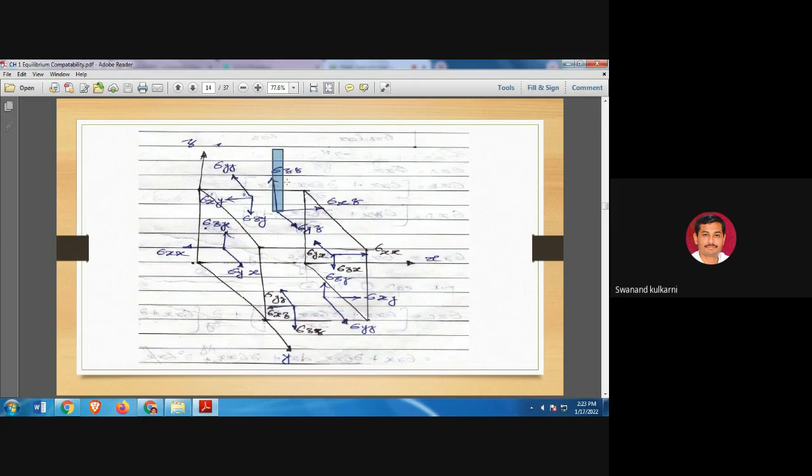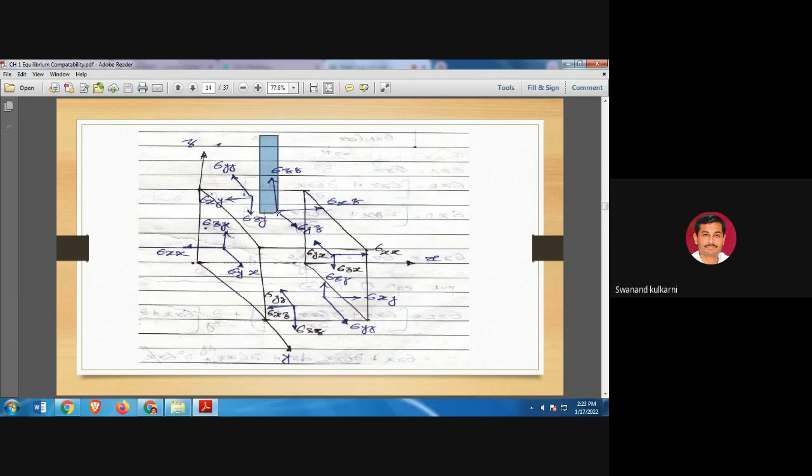This is sigma zz. This is the direct stress along the z axis. This is the stress acting along the z axis. Then the component of z along the x axis and the component of z along the y axis, because this particular direction is the x axis.